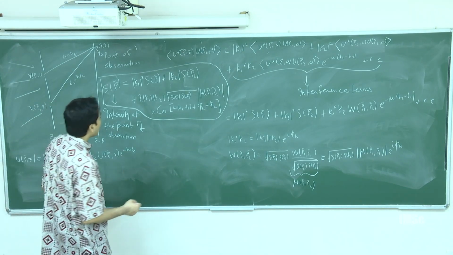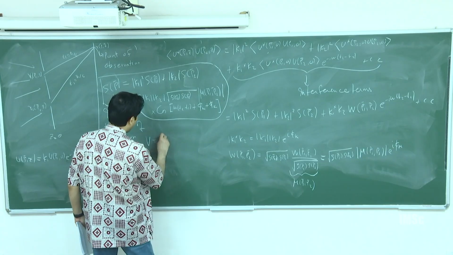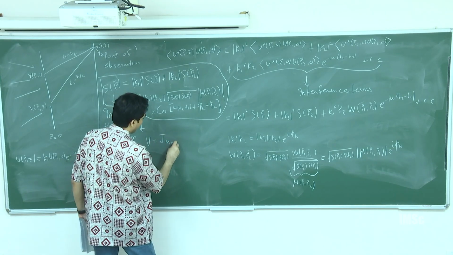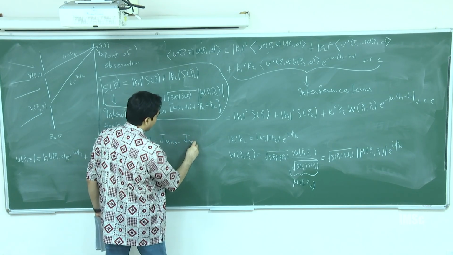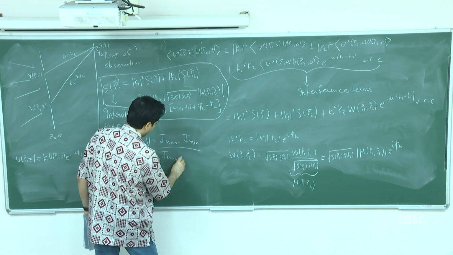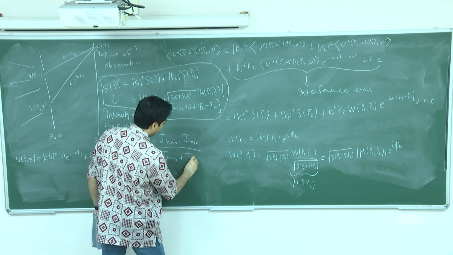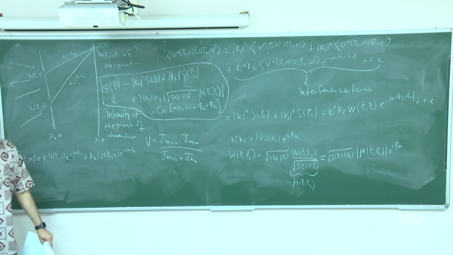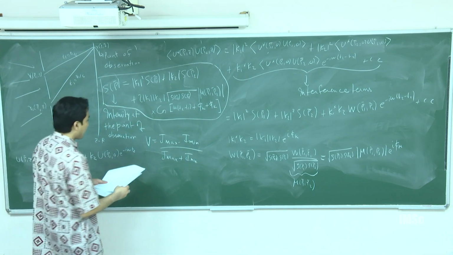Now, there's another quantity, visibility, Imax minus Imin by Imax plus Imin.